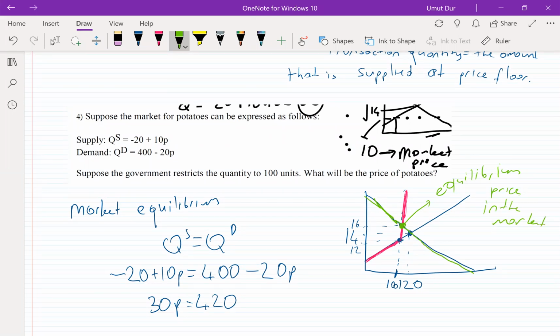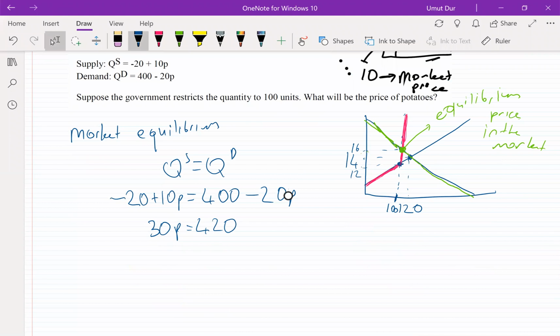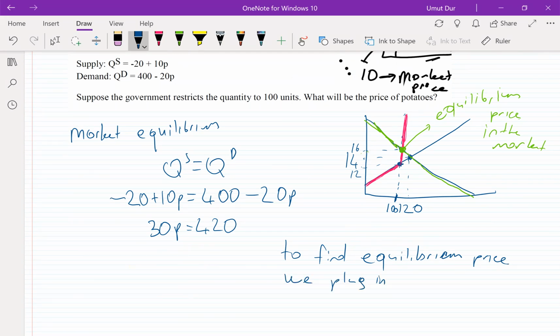How do I find this equilibrium price? I just plug the quantity into the demand function.